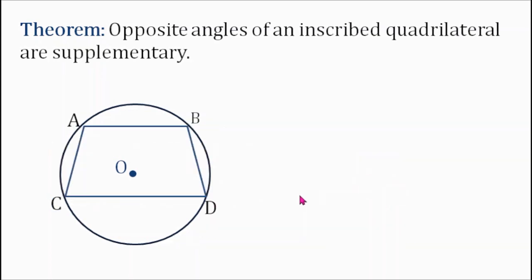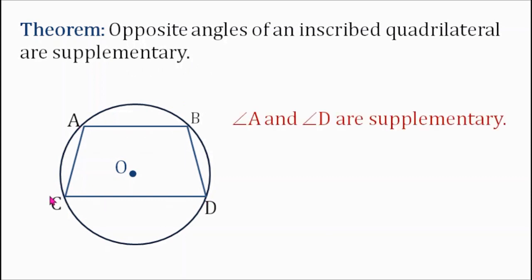Another theorem states that opposite angles of an inscribed quadrilateral are supplementary. So we have here an inscribed quadrilateral ABDC. Angle A and angle D are opposite angles, so they are supplementary.